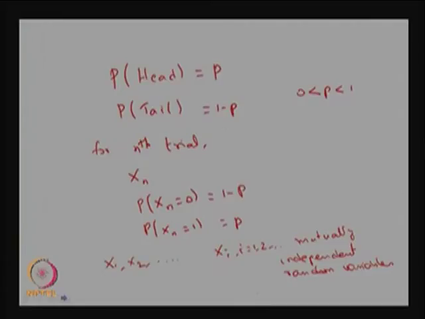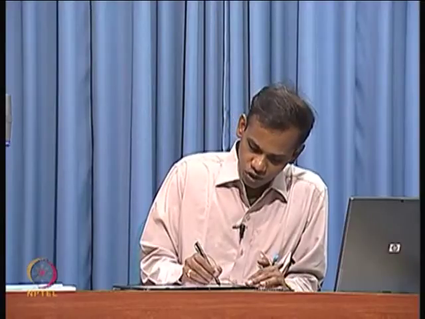Now I am going to define another random variable, the partial sum of the first n random variables, the Xi's. So Sn will be the sum of the first n random variables. Therefore the sum Sn gives the number of heads that appear in the first n trials.